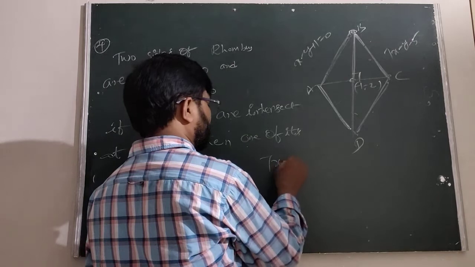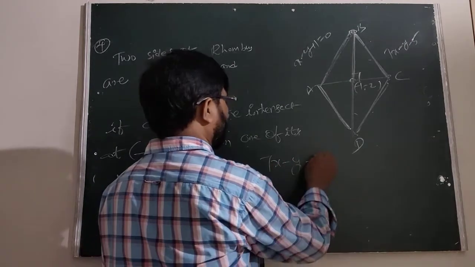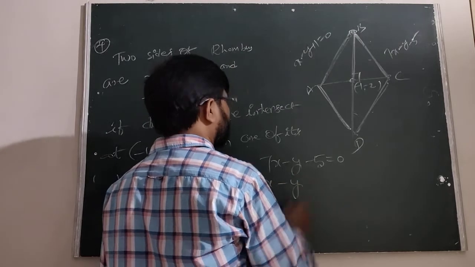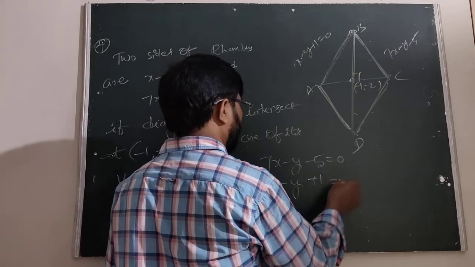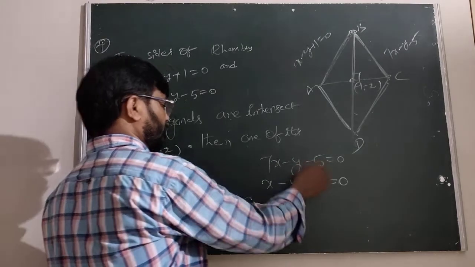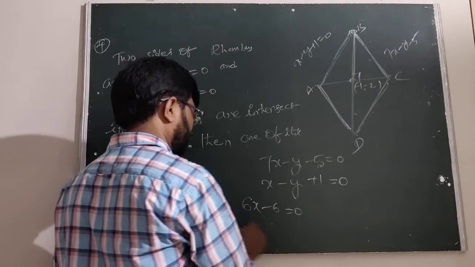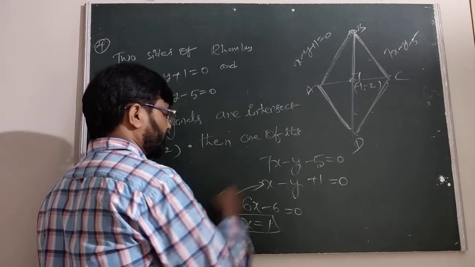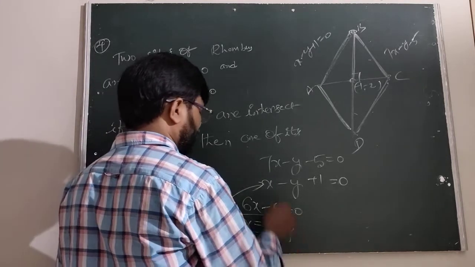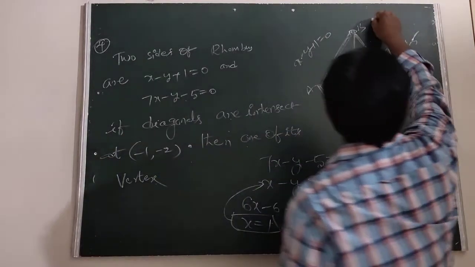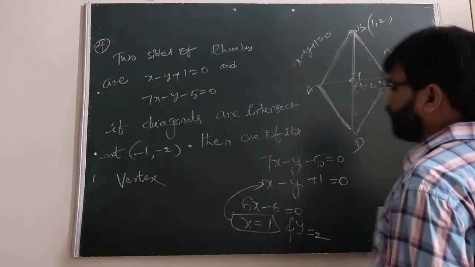Take 7x minus y minus 5 equal to 0 and x minus y plus 1 equal to 0. After subtraction, we get 6x minus 6 equal to 0, so x equal to 1. Substituting x equal to 1, we get y equal to 2. This is the point of intersection, (1, 2).